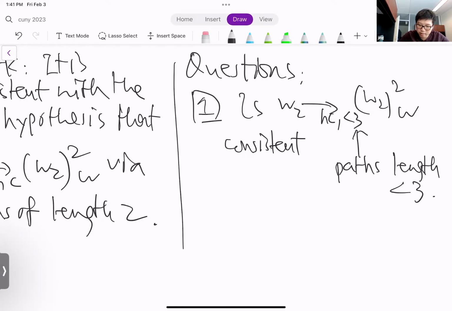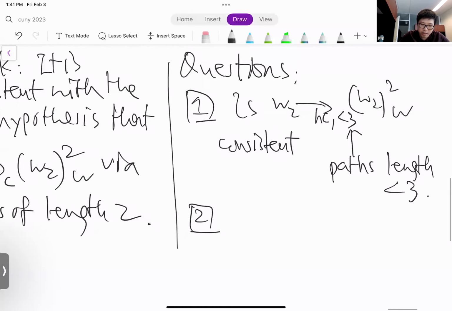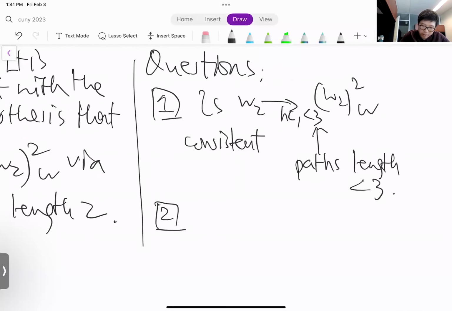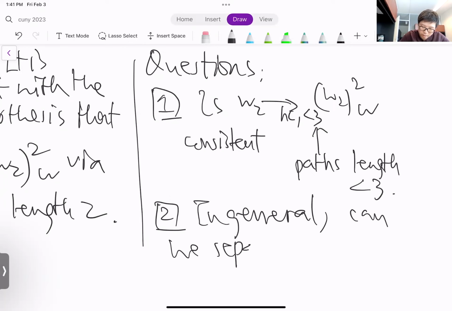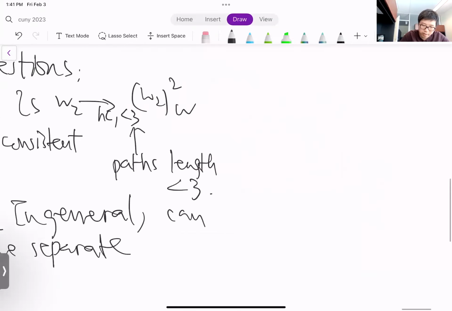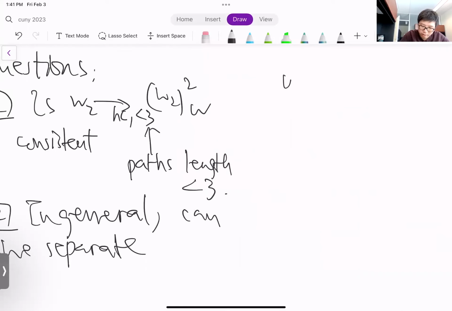Okay, and this is relative to any large cardinal assumption. I don't care. In general, another class of question is: can we separate omega 2 arrow HC less than n, omega 2, omega 2?